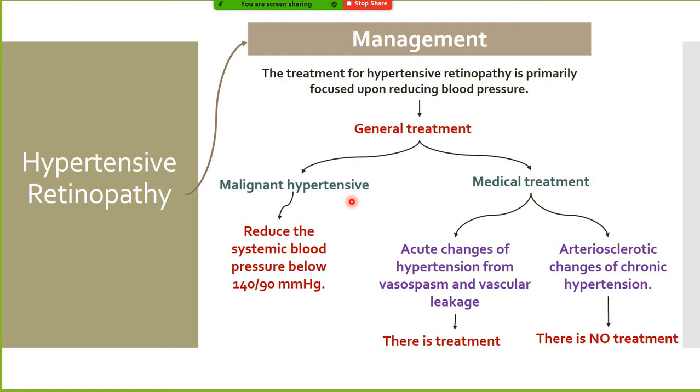When it comes to malignant hypertension, the option is to reduce the blood pressure below 140/90. In the case of medical treatment, if it is an acute change of hypertension from vasospasm or vascular leakage, we have a treatment. If it is a chronic change, we don't have any treatment. These are the things which we have to consider.